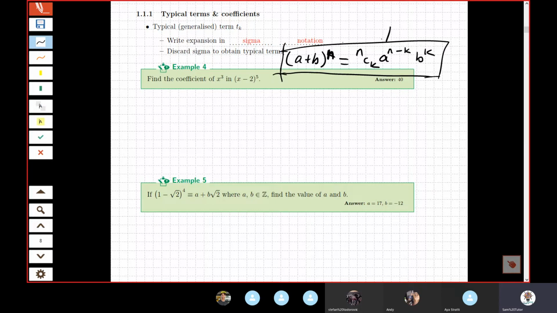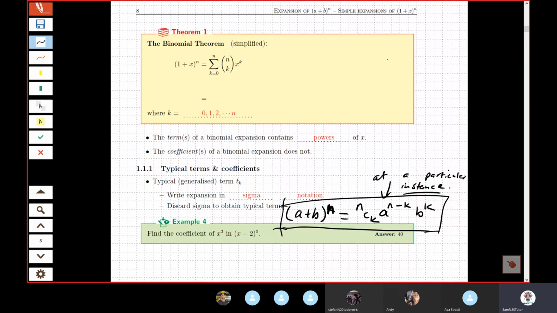But that's technically what you're doing each term. Now this lets you find a particular instance. I'm not going to confuse you with the math jargon just yet. It's just going to allow you to find any particular instance that you require. So n choose k, a is the first term, b is the second term, right?